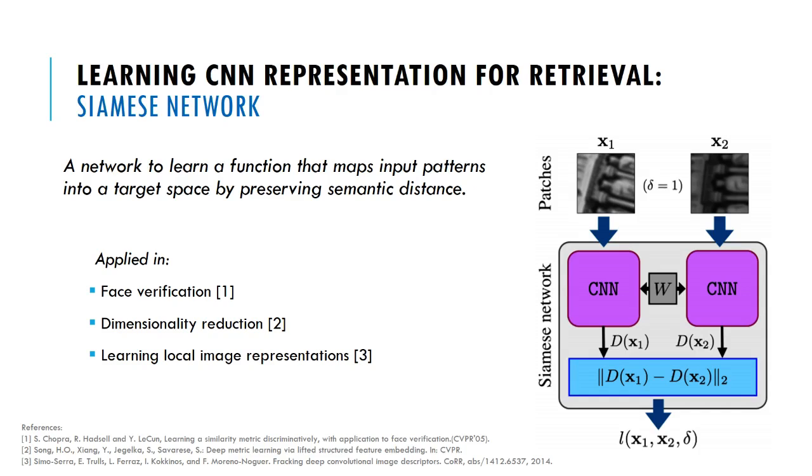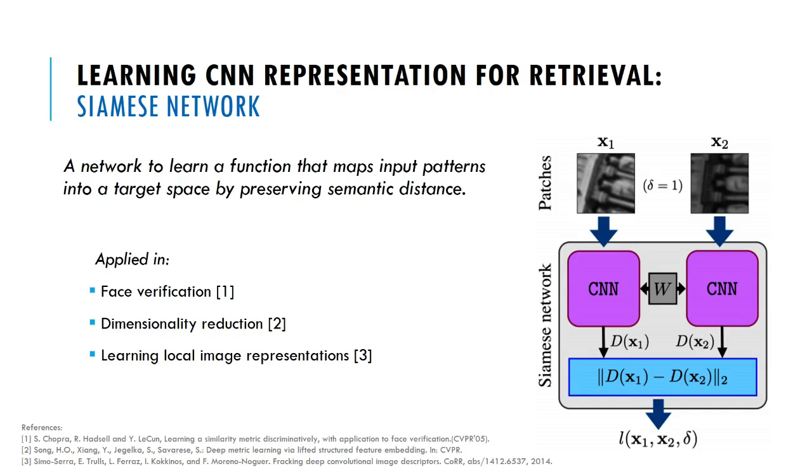So how do we train a Siamese network? First of all, you can see on the right side here, we will provide two patches to a Siamese network, and we'll provide a parameter that specifies: are these patches the same thing or not? 1 or 0 is the parameter.